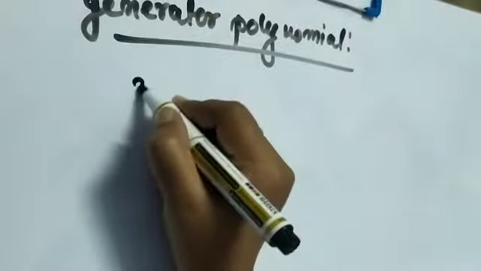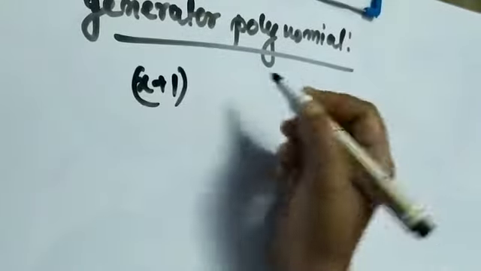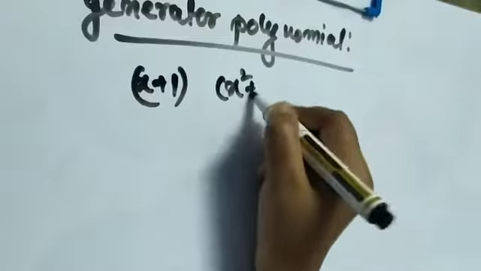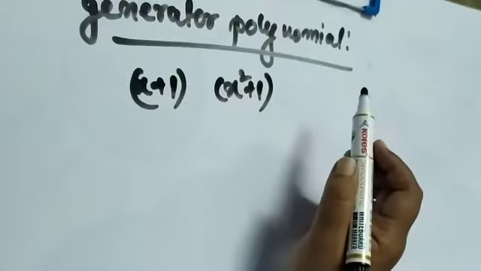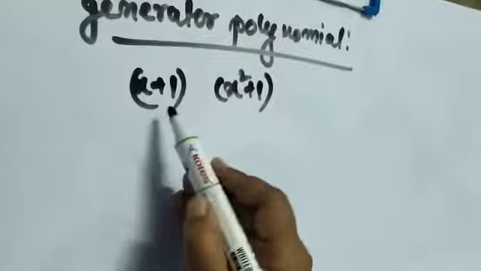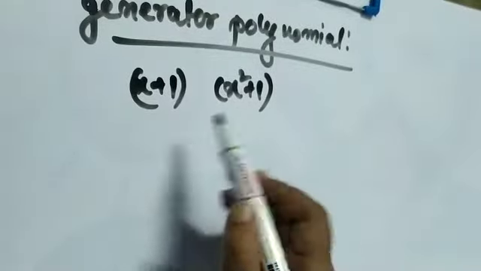Suppose you consider one polynomial x plus 1 and another one x square plus 1. Now see this x plus 1.